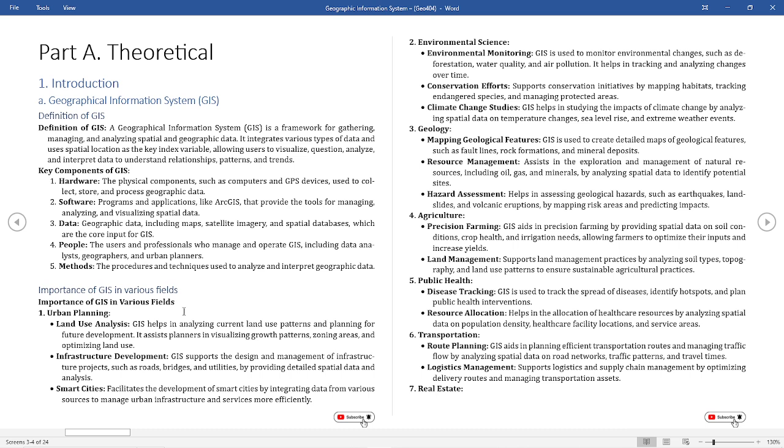Now let's talk about the importance of GIS in various fields. In urban planning, when we plan any urban area, we have to know that what is the land use, land cover in that area. And you have to be very careful about the environment which is fragile or which is sensitive.